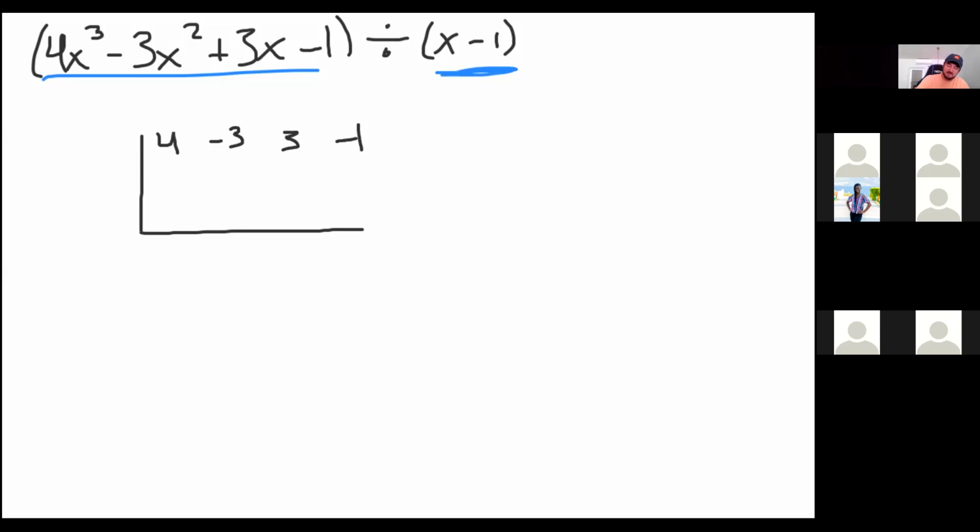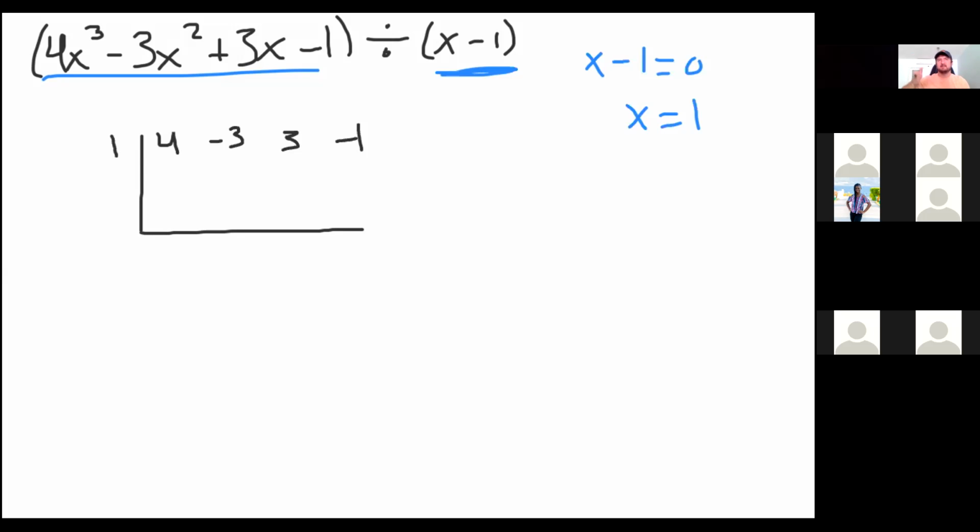If I set this term equal to 0, this tells me the root for that term, which is 1. Really, what synthetic division is allowing us to do is test for roots. x minus 1 being a factor and x equals 1 being a root are the same thing. They are two different ways of looking at the same object. So what we put here is a nice, good old 1.